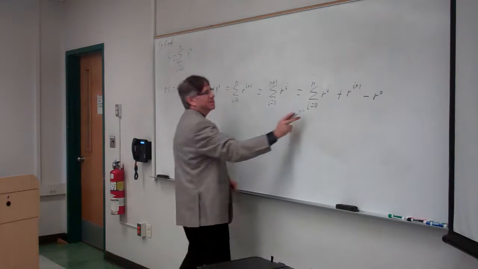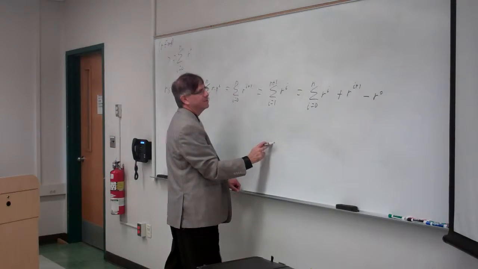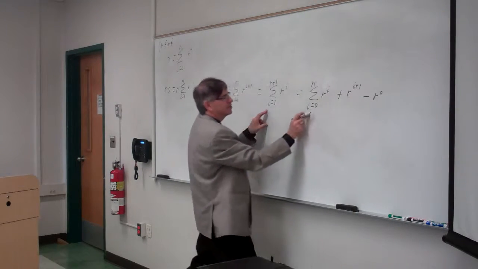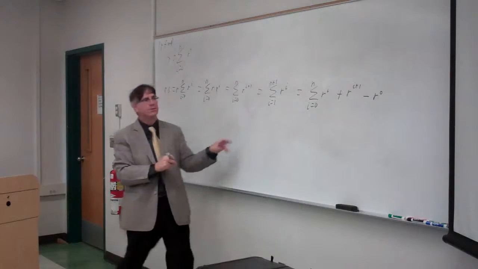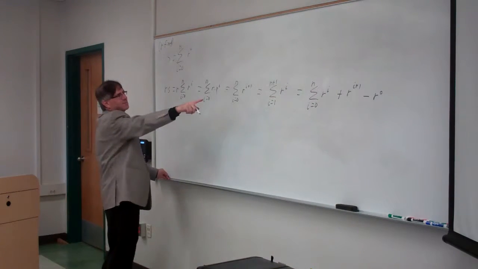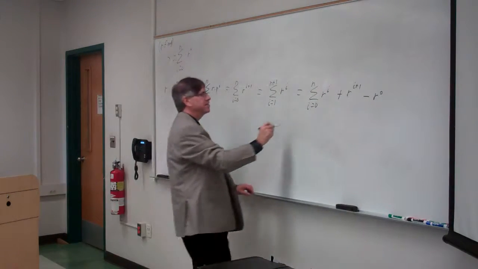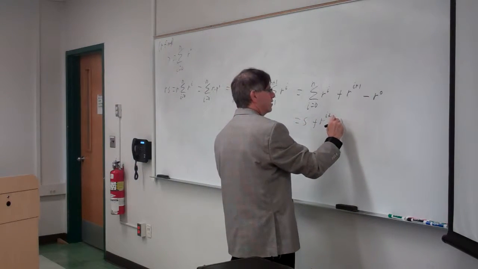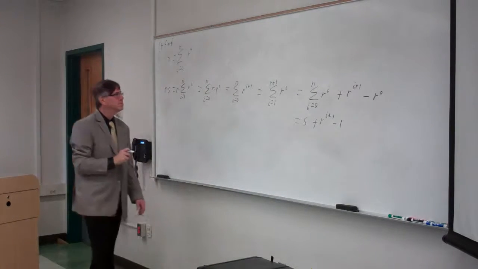So this gives me everything from 0 to n. This adds r to the n plus 1, and this subtracts the r to the 0 that I didn't want to start with. And this sum from 0 to n is just s. And r to the 0 is just 1.